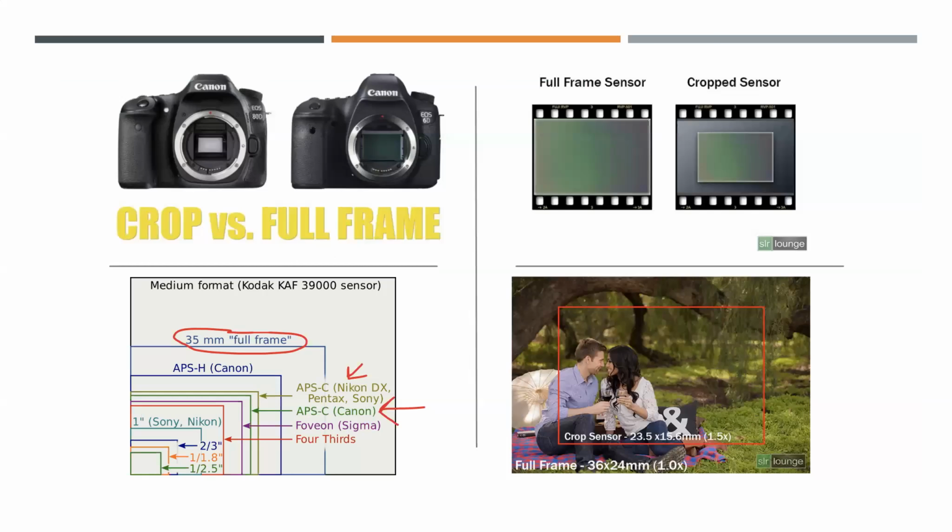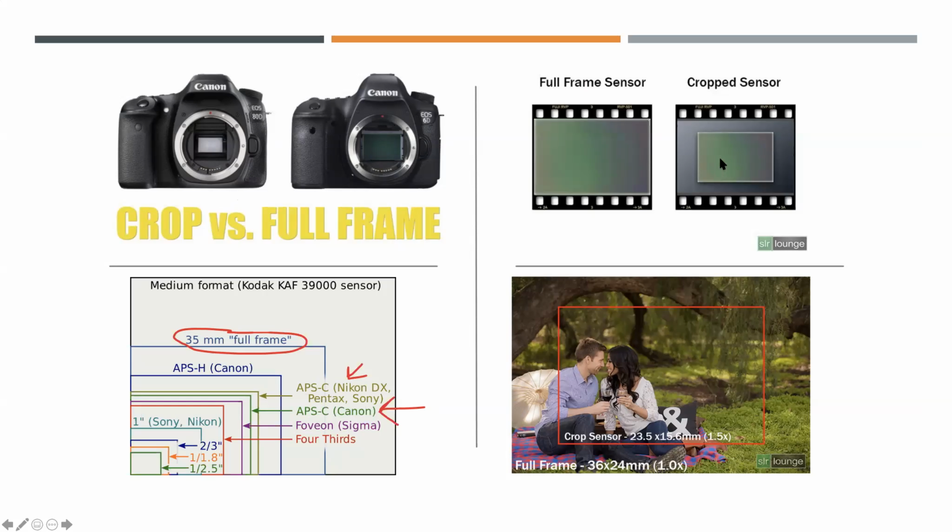All right, so let's take a look at this, and then we'll look at some text to help us understand. You have here on the upper left a crop sensor and a full frame sensor. And you can immediately see with the lens taken off that the full frame sensor on the right, this Canon EOS 6D, is larger than the Canon EOS 80D style camera. You can see that it's smaller on the crop sensor.